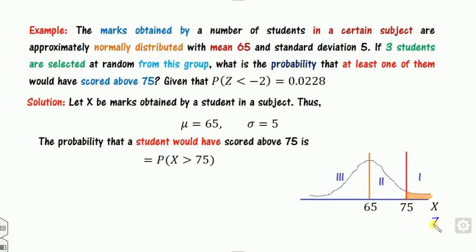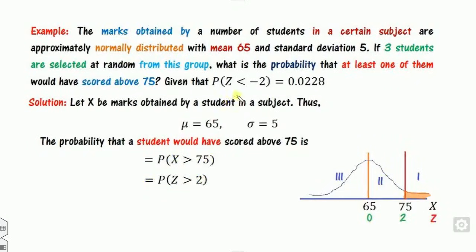Calculate z: I call this x, so (x minus 65) divided by 5. This is 0. This is 2. So I can write here greater than 2. Look at that: the value given is for minus 2, but we need plus 2. So firstly you can convert this minus 2 into the plus 2 form. This is given to you here, from minus infinity to minus 2. What is the opposite of this? 2 to infinity.